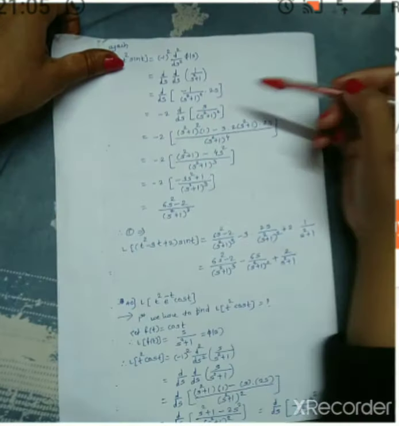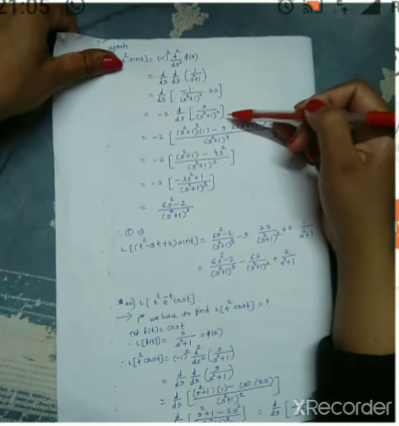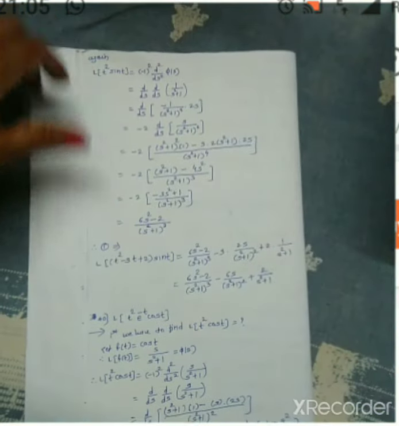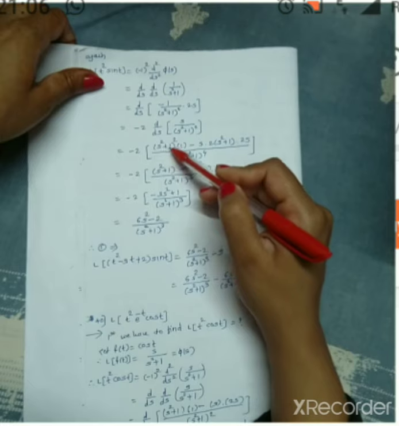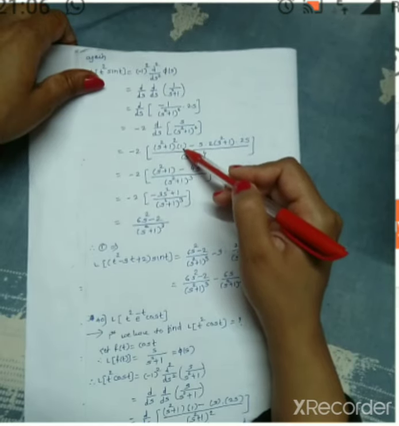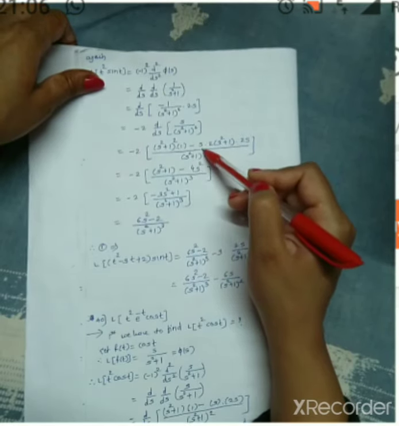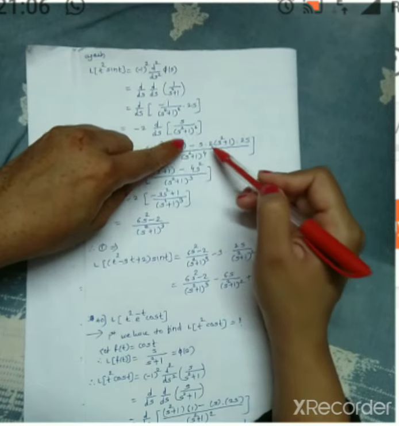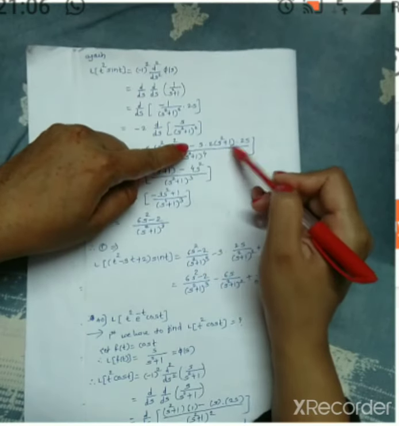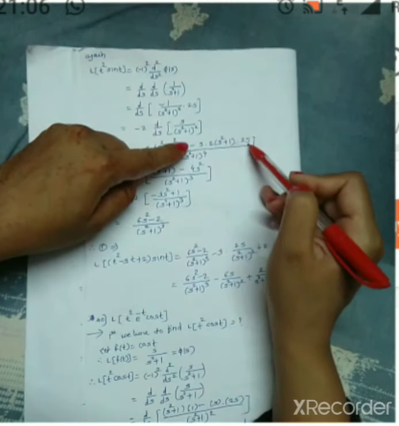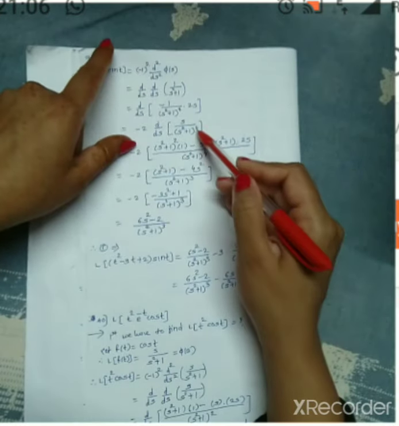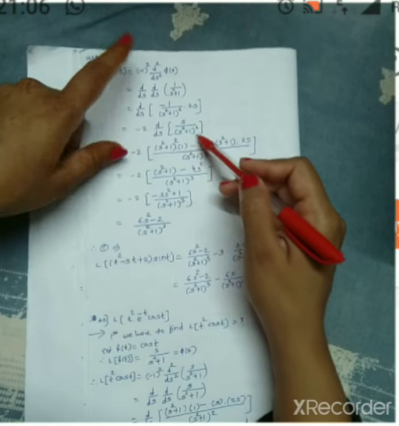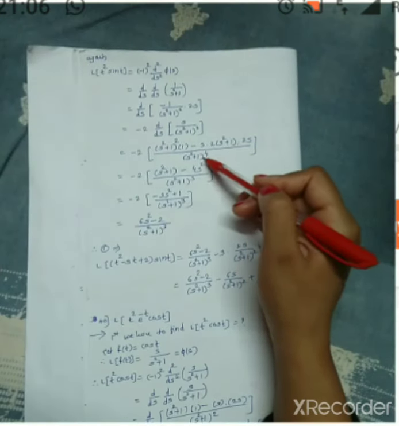Again use the u by v rule here. v into u derivative, that is s square plus 1 bracket square into the derivative of s which is 1, minus u into the derivative of this bracket square, which is 2 into this bracket into the derivative of this bracket by chain rule, that is 2s, whole divided by v square, that is, the square already there, so raised to 4.